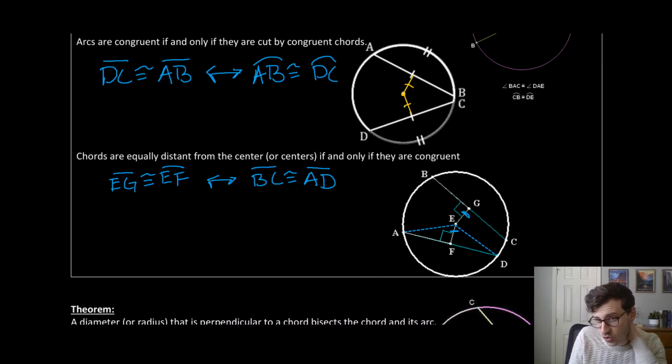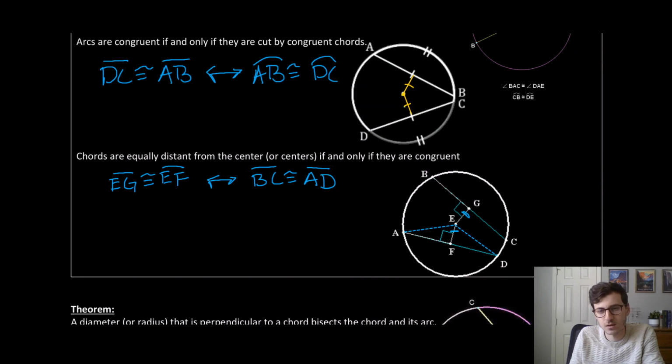So that creates two congruent right triangles by hypotenuse leg, because the distance is perpendicular, right? When I say distance, I'm talking about the line that's perpendicular to that chord. So then we have these two triangles as congruent.